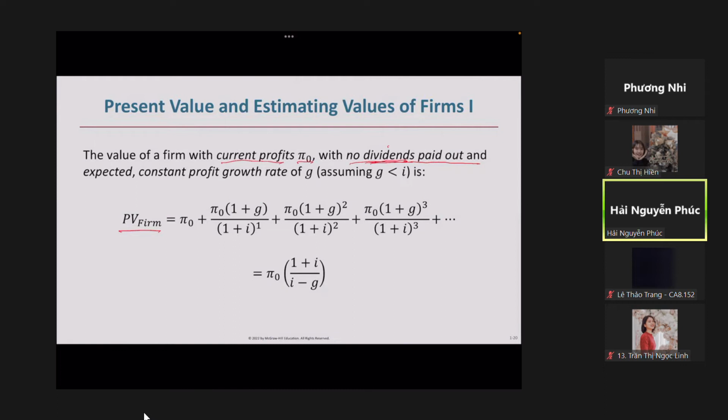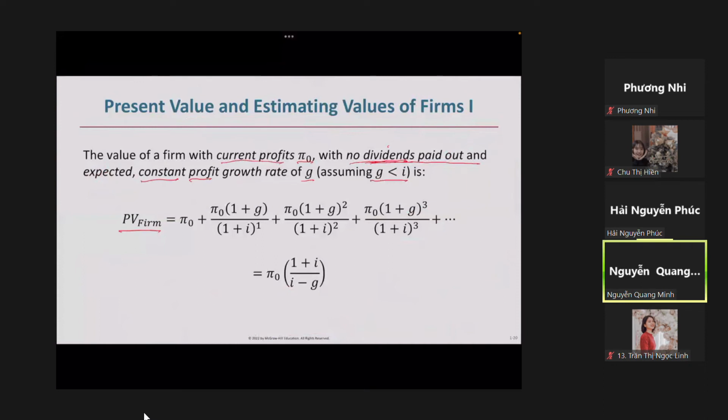Furthermore, we assume that the profit will grow at the rate of G, and G is a constant. And lastly, we assume that G is smaller than I. So the profit growth rate is smaller than the interest rate, right?